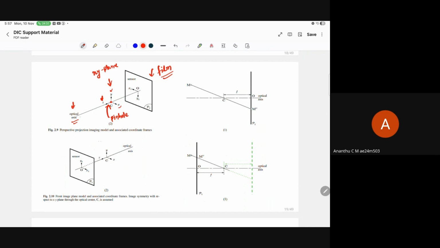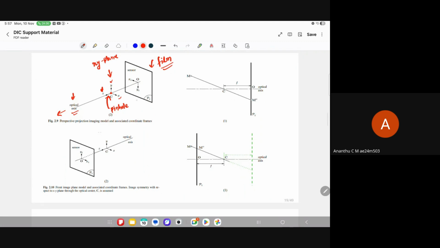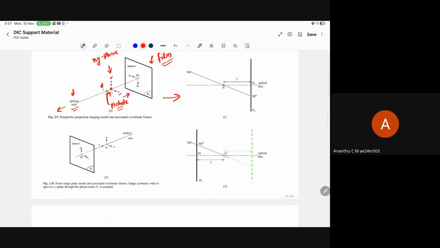The positive optical axis is on this side, and the back side of it is the placement of the film. If this is your camera, it is represented by the pinhole, and the back side is the placement of the film, right? If you do the 2D representation, you can see this is the pinhole, and at the back side, this is the film.